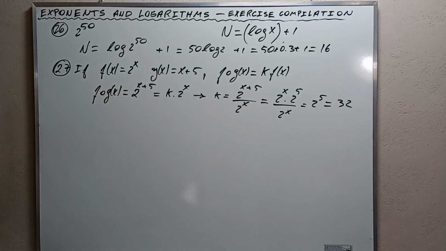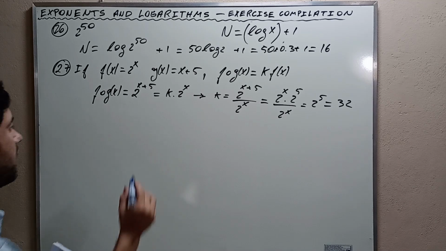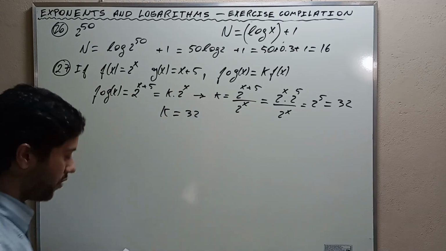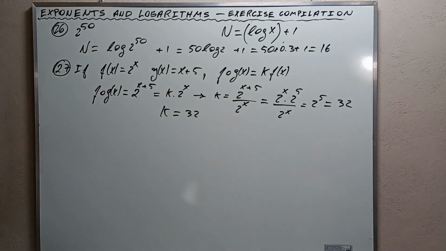Okay, my friends, and ultimately we find that the value of k is equal to 32, my friends. And this is all for exercise 27, and all for this video covering the subjects of exponentiation and logarithms.